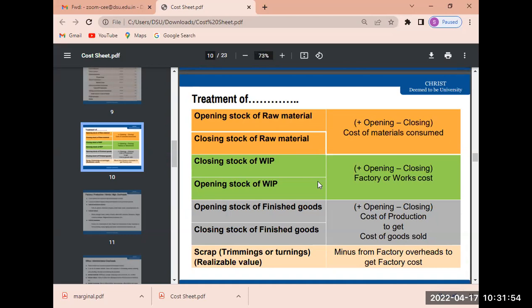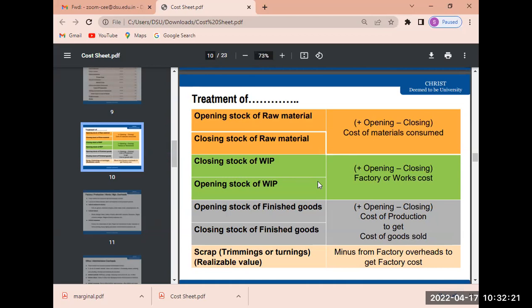This needs to be adjusted before you calculate works cost. Prime cost plus various types of factory overheads: before you add all these, you have to add the opening stock of work in progress and subtract the closing stock of work in progress. The remaining amount is going to be works cost. In the previous slide, I was telling you how to calculate works cost.